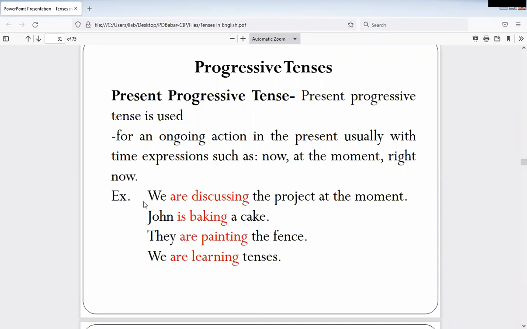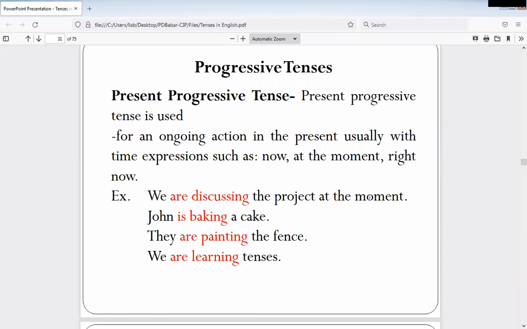The first example is: we are discussing the project at the moment. This action, the discussion, is going on, and for describing this action we are using the present progressive tense or present continuous tense.